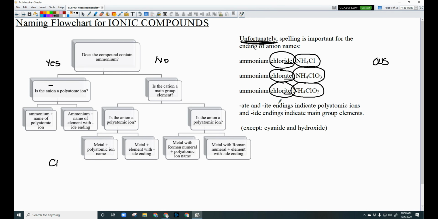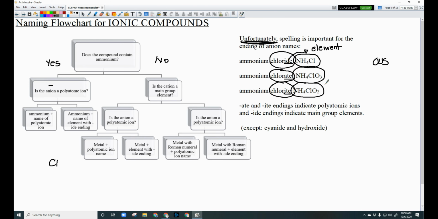When you see ate and ite endings, or OUS, they indicate polyatomic ions being used. If you see "ide," IDE, it's probably an element. If you see anything else besides ide, then look on that polyatomic ion list to see if you can find it.